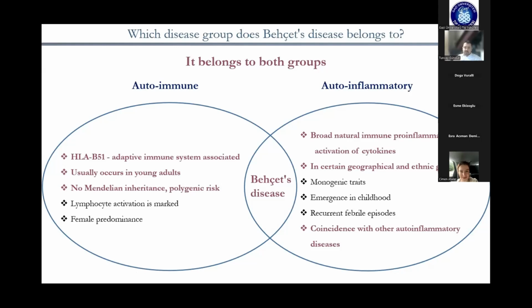Why did I mention this pathophysiological process? I will later talk about the headache associations of Behçet's disease. Behçet's patients have an increased inflammatory innate immune system activation in their body.